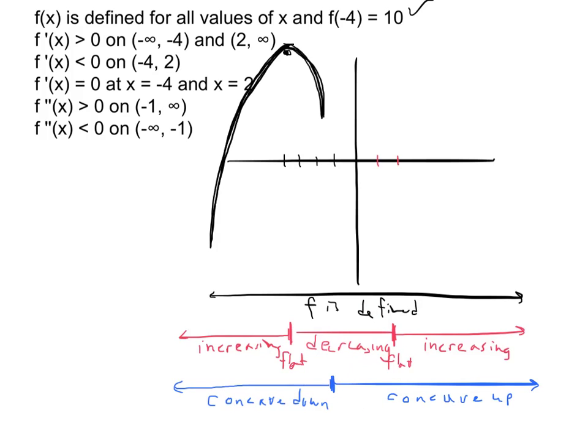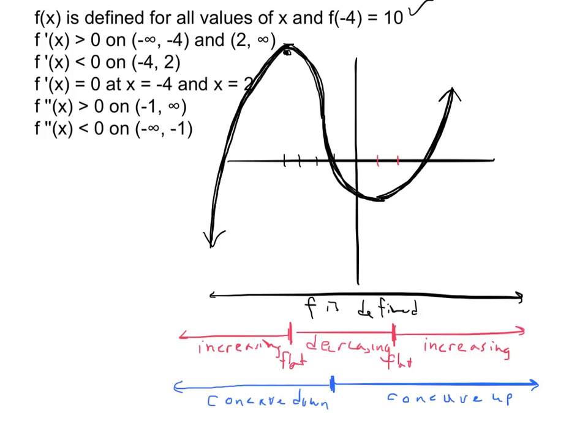Well, decreasing and concave up looks like this, and that goes all the way over to there. And then in my last section here, I've got increasing and concave up. Increasing and concave up is supposed to look like this. And so that's my sketch of what this graph looks like.